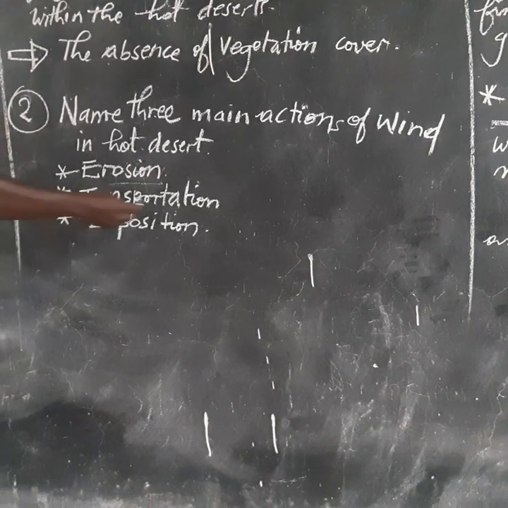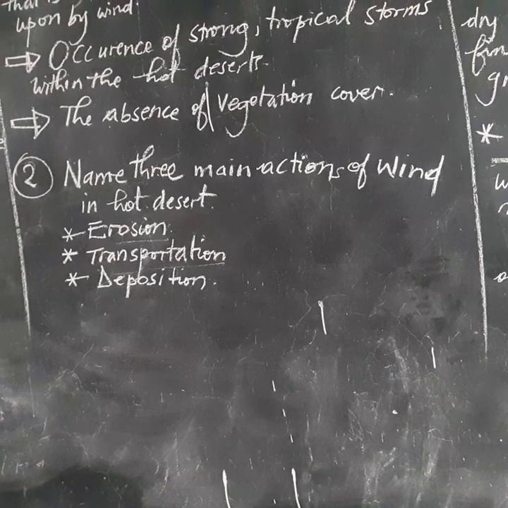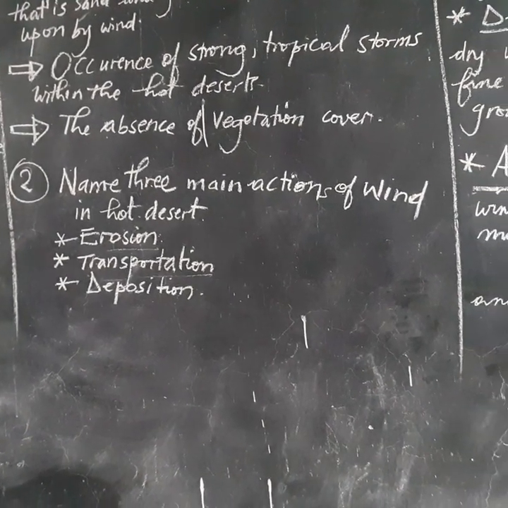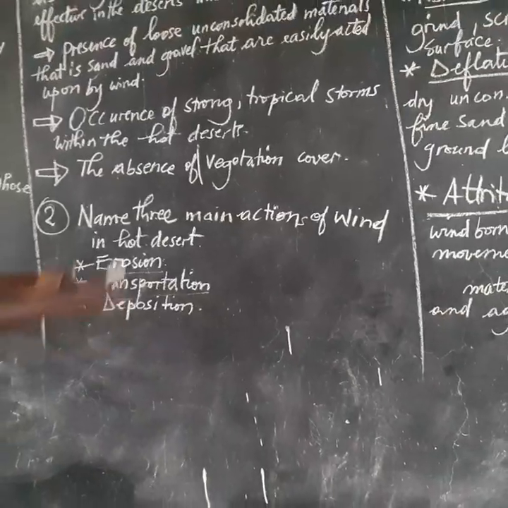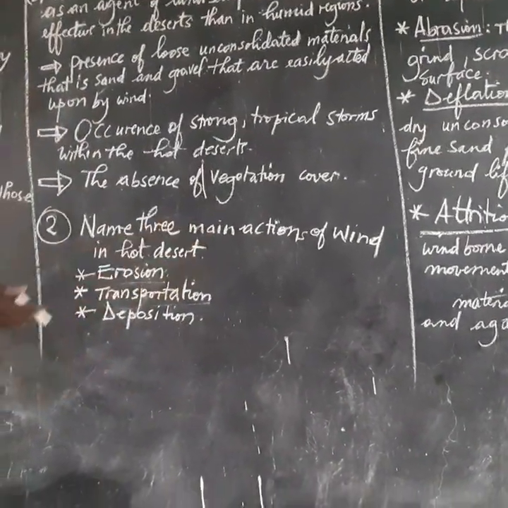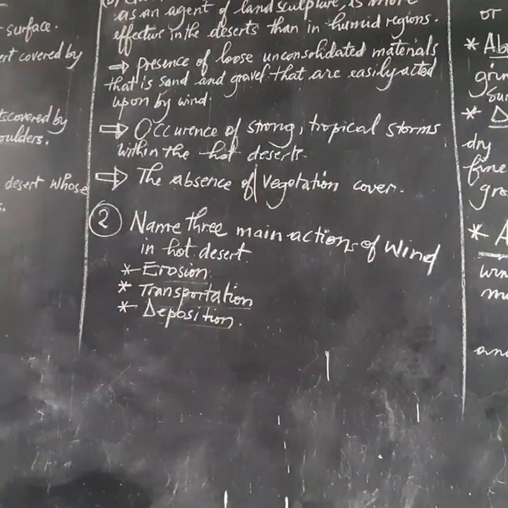Then we go to the second action, which is transportation. After the materials have been destroyed by erosion in the desert, the wind will transport them, will carry them away, will take them from one place to another place. Then finally we have function number three, which is deposition.